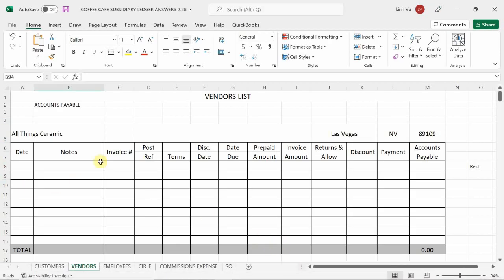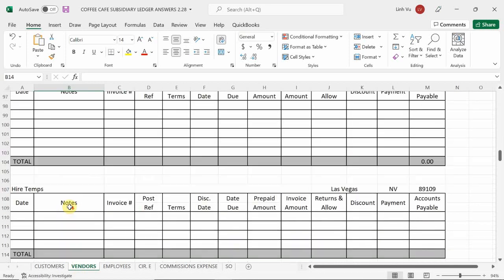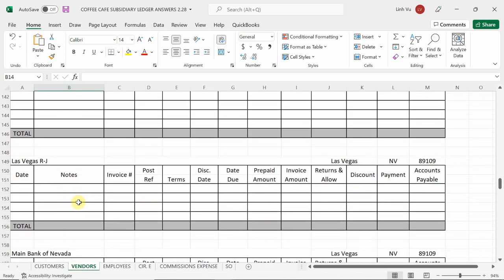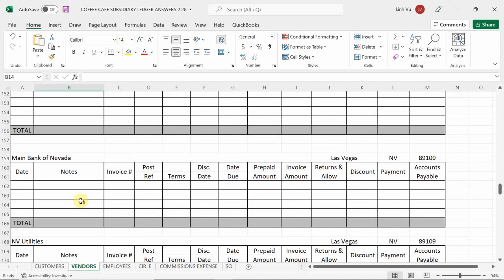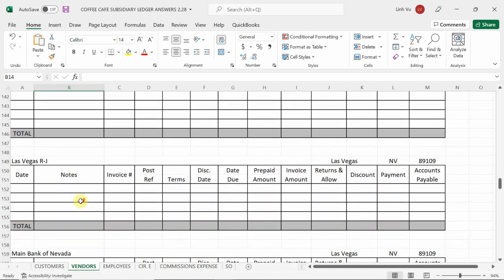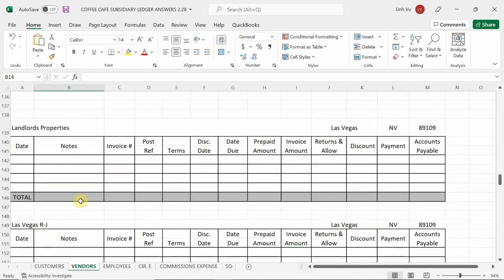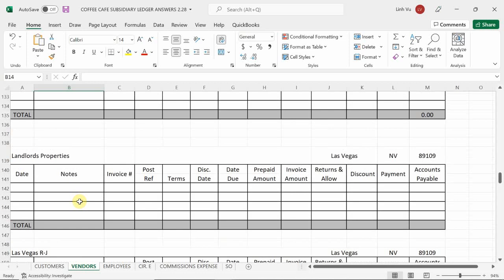So in this case, who is operating my business with me? Well, Landlord Properties is the one who's helping me have my store location so that I'm able to sell my coffee. So in this case, that's what I got to do. I've got to look up Landlord's Properties. So this should be in alphabetical order. Here you go, Landlord's Properties.